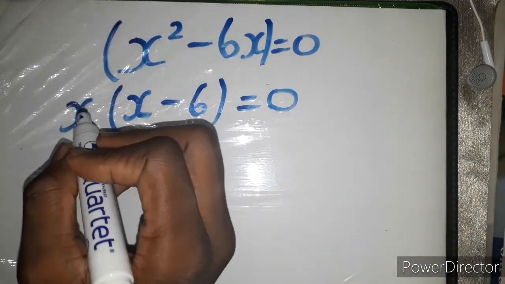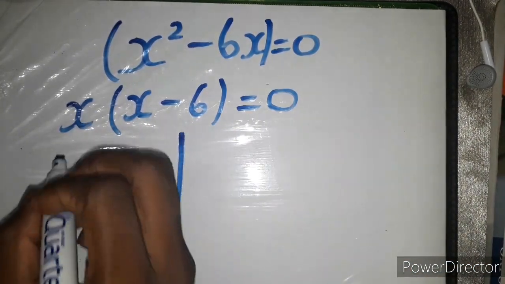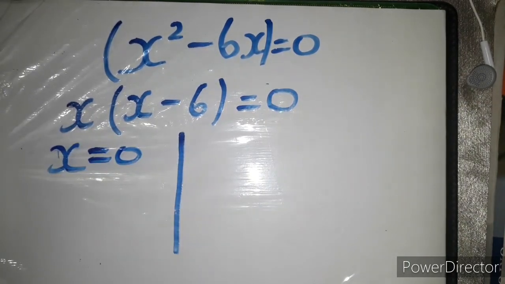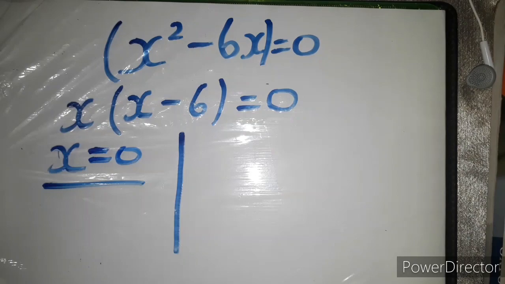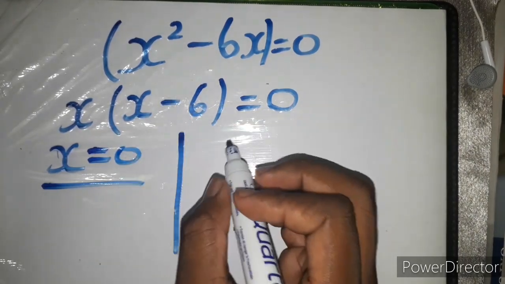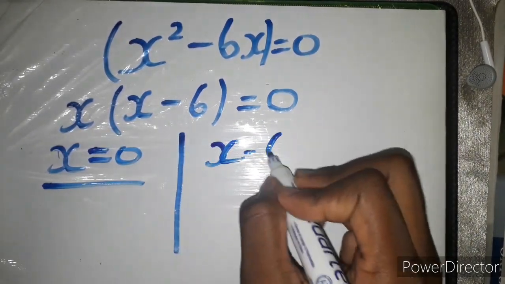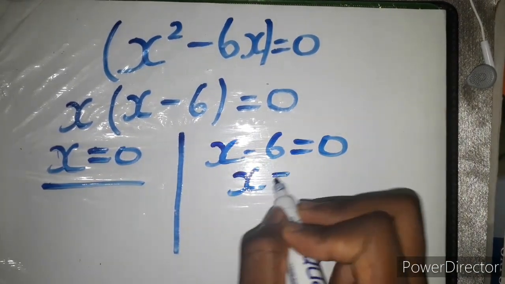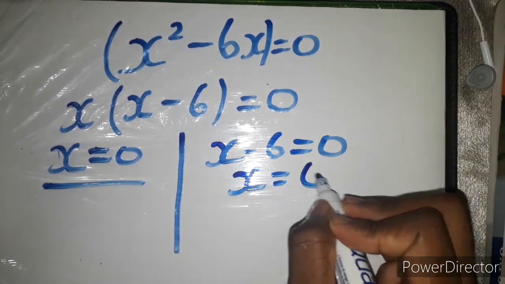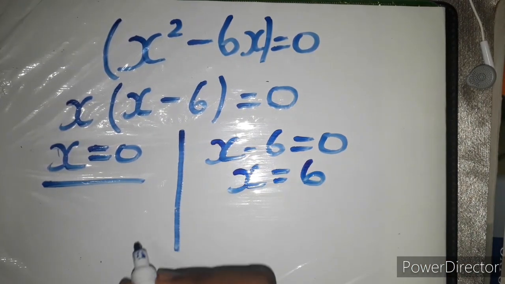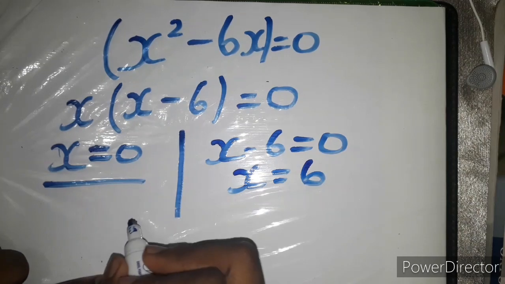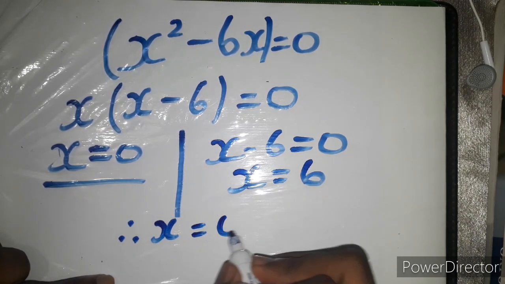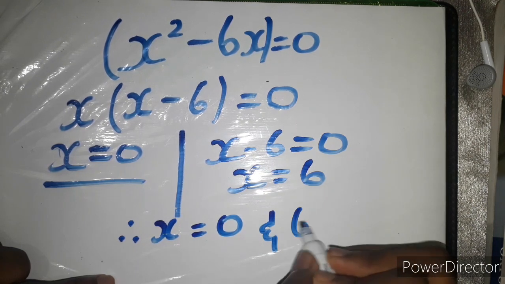We put the first factor, x, equal to 0, so we don't have to do any work there. x is equal to 0. Then we use the second factor: x minus 6 is equal to 0, and we solve for x. When we take over the 6, it becomes a positive 6. Therefore, x is equal to 0 and 6.